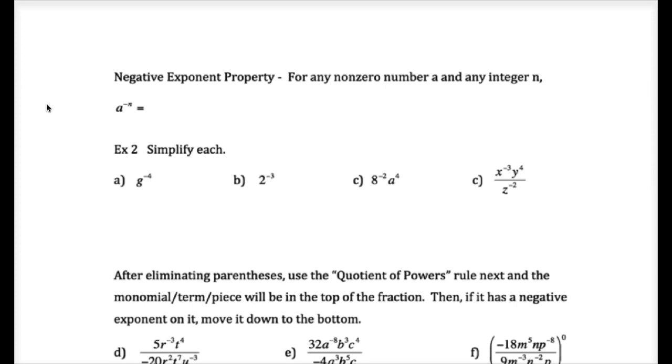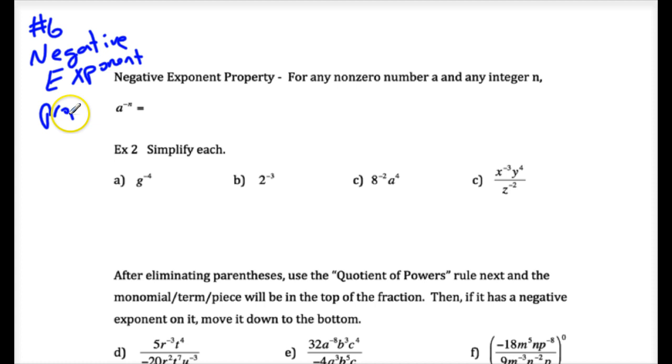So the negative exponent property. Everybody go to your 6th note card. Call it the negative exponent property. Okay, negative exponent property. A to the negative n power. Does anybody remember what you do with that?